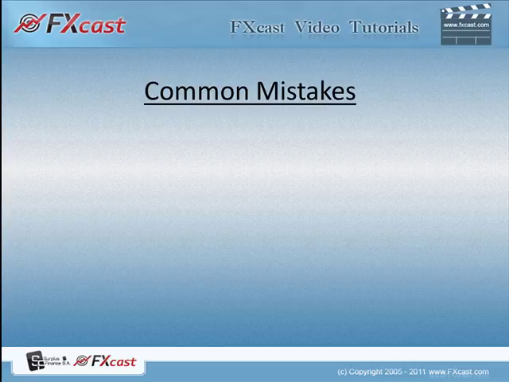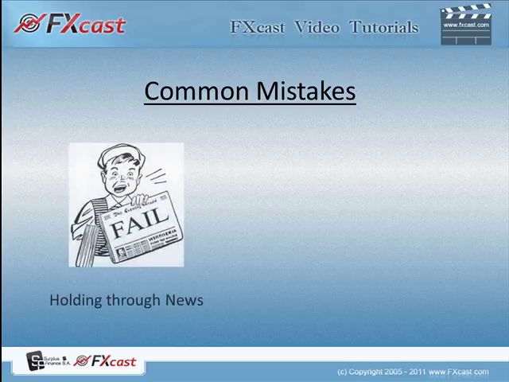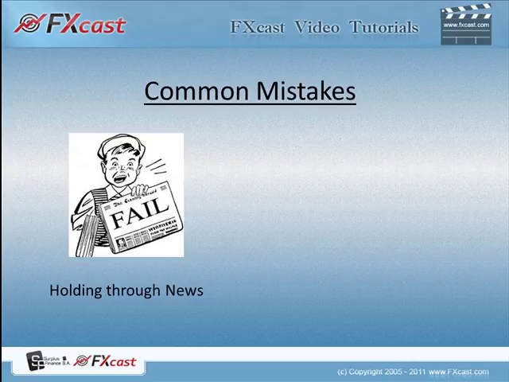By not understanding the type of day, there are some common mistakes that traders make. One of the ones that I see many traders make most frequently is holding through news. They're not aware of the context of the day and not aware of what's coming out on that day.